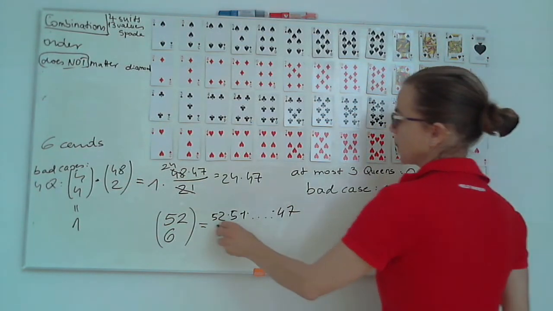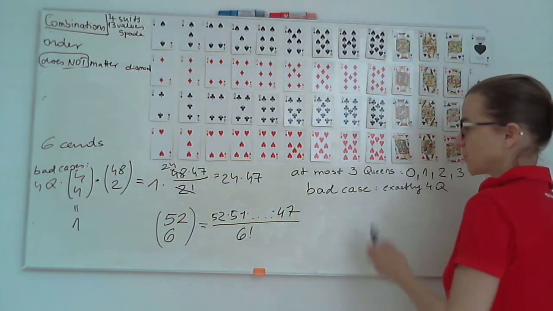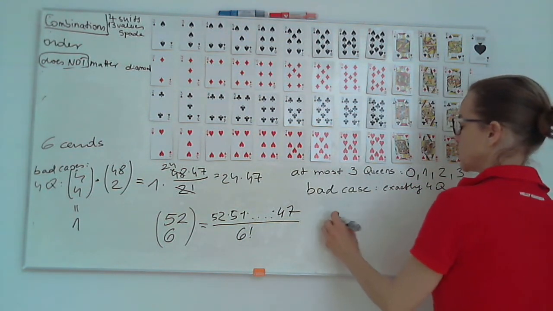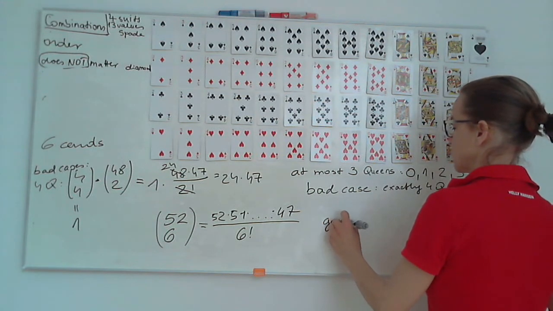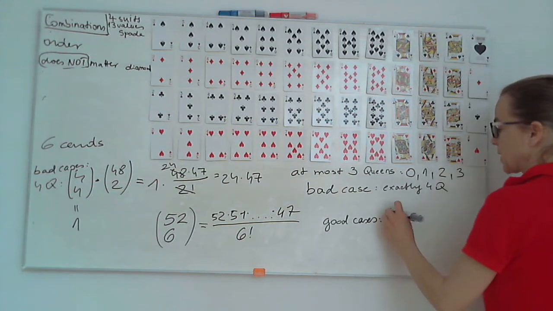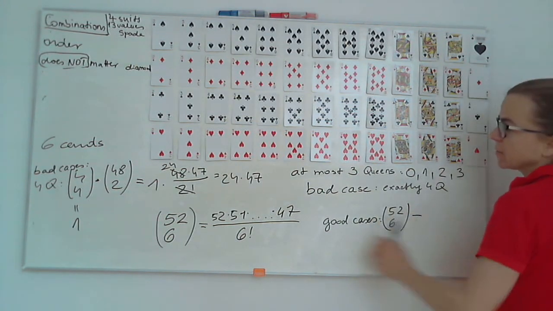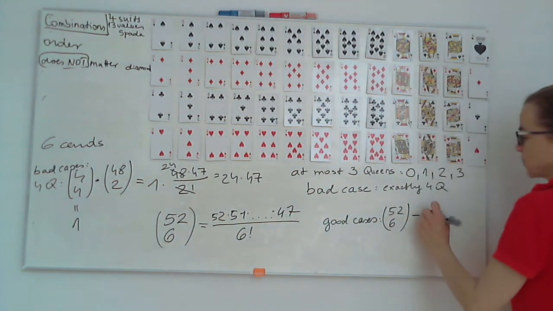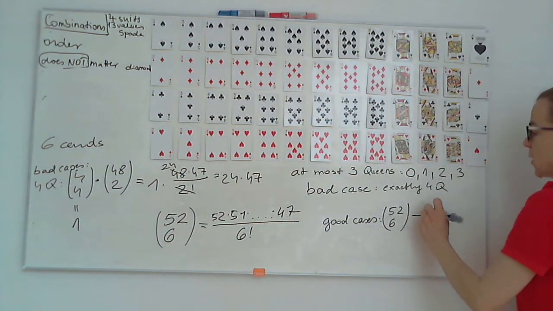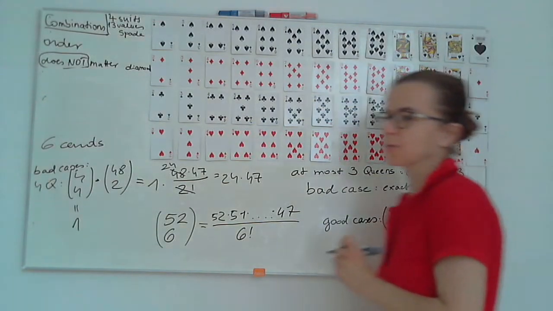So this is multiplication and dividing it by 6 factorial. And from this number, you have to subtract the bad cases. So your final solution is going to be, use your calculator to calculate these values, minus this one, which was 4 choose 4, which is 1, minus 48 choose 2. Right here, the correct answer.